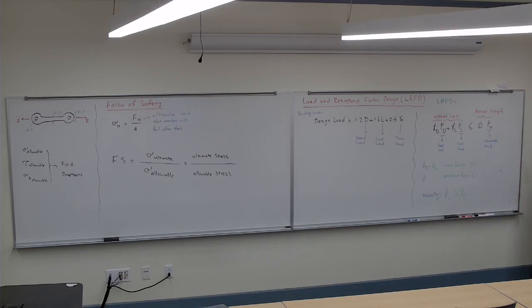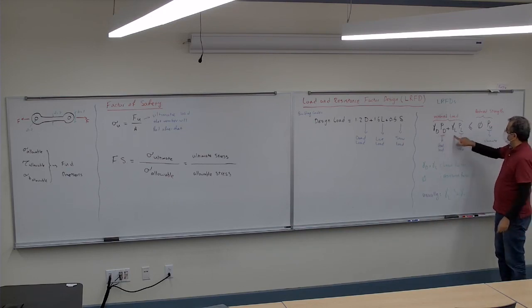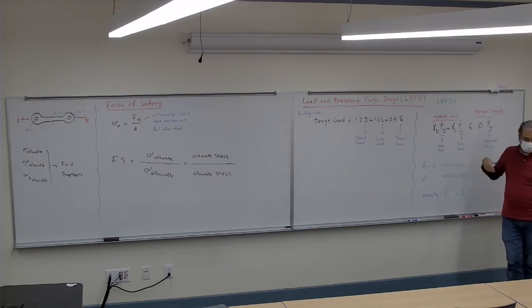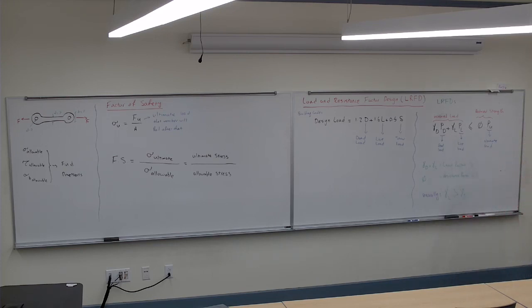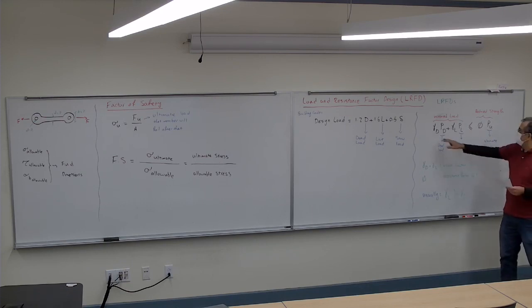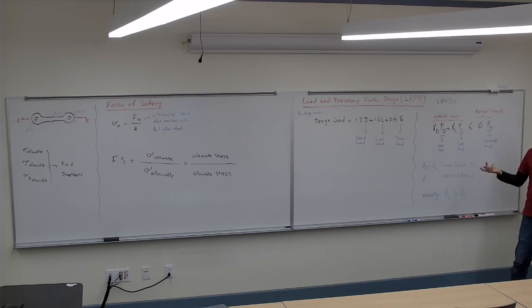Again, it depends on how safe we want to be. These two are going to be maybe larger and larger and larger, and this one is smaller, smaller, smaller. If we don't want any safety factor, we can set all of them to 1.